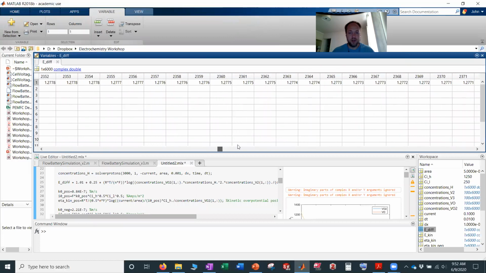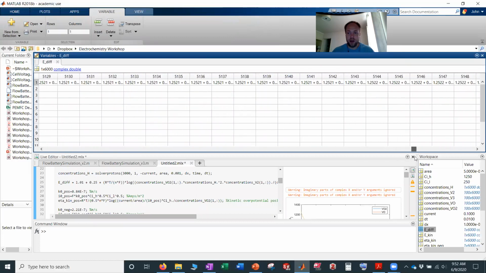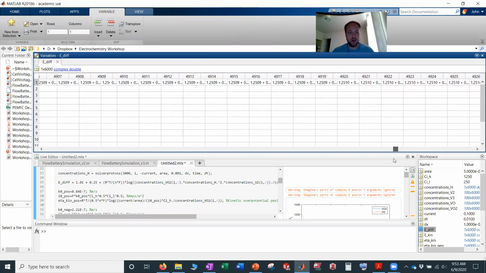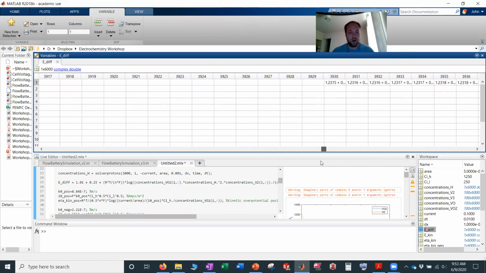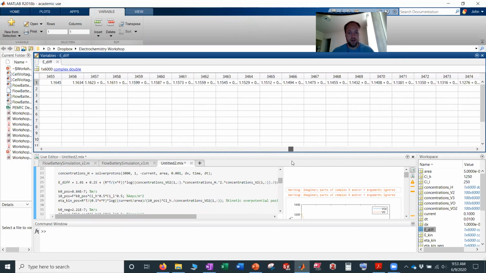Once the battery dies, you'll see it starts to have these imaginary components. So that means it's going a little crazy, but that's to be expected when you have negative concentrations in these log equations.